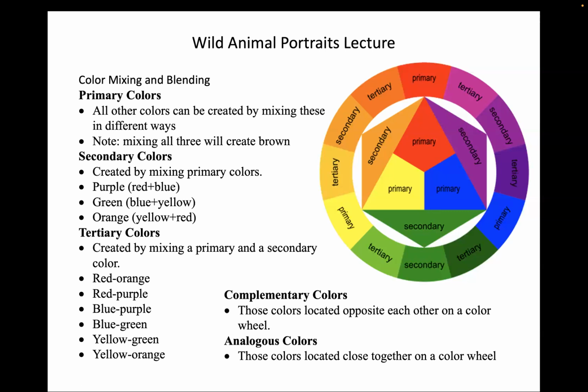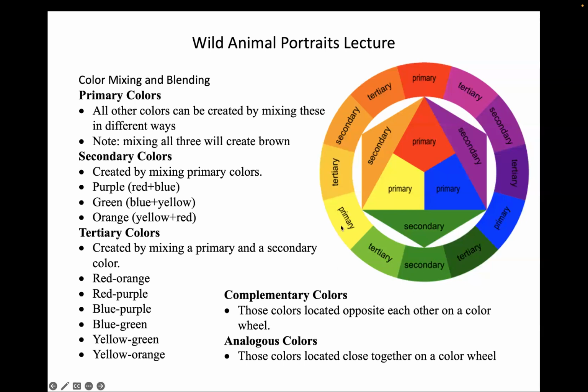Now, analogous color combinations are colors located close together on the color wheel. So what does that mean? You could use a yellow, yellow-green, green, blue-green, usually around 4 colors.